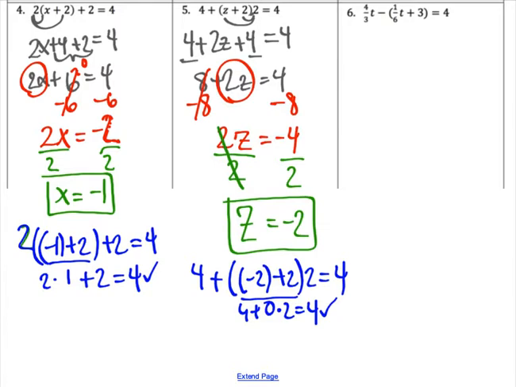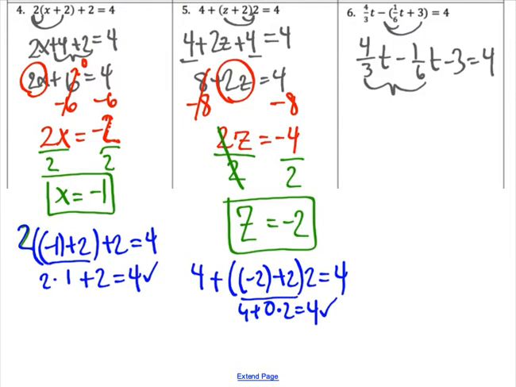First, simplify both sides. I'm going to need to distribute the negative here. So 4/3 of t minus 1/6 t minus 3 will equal 4. I still need to add these together. 4/3 minus 1/6.